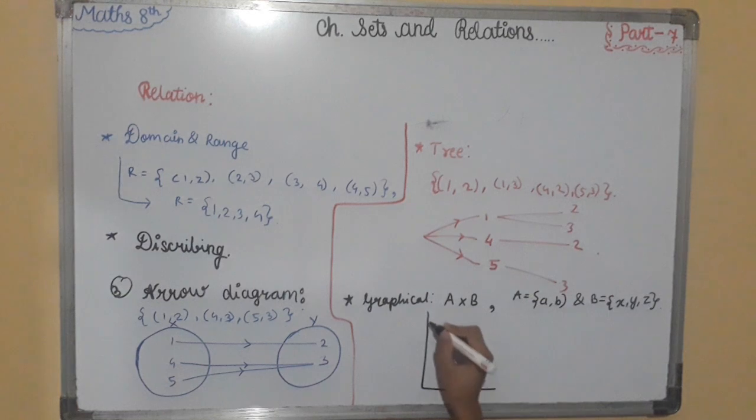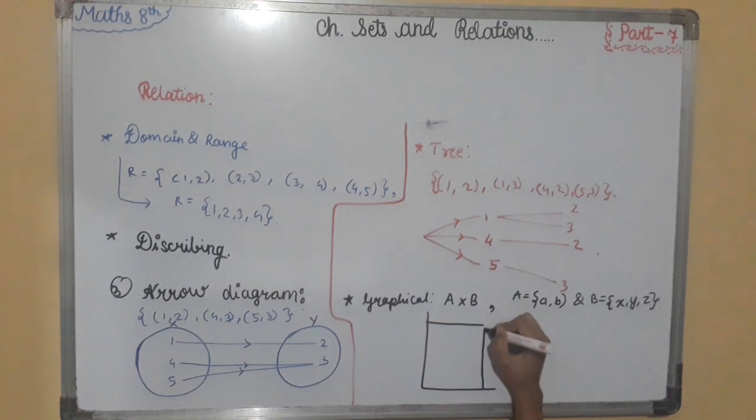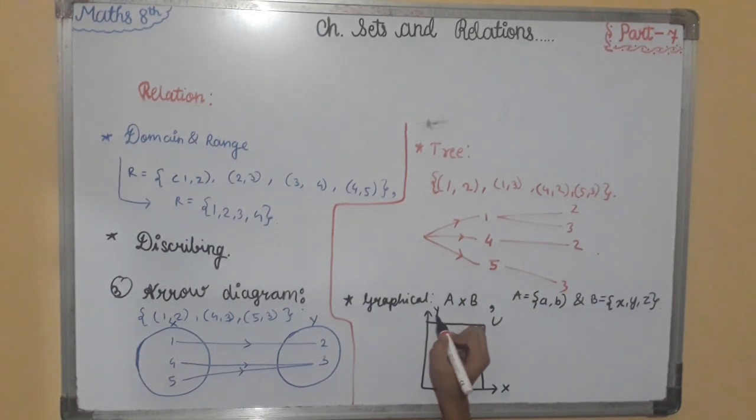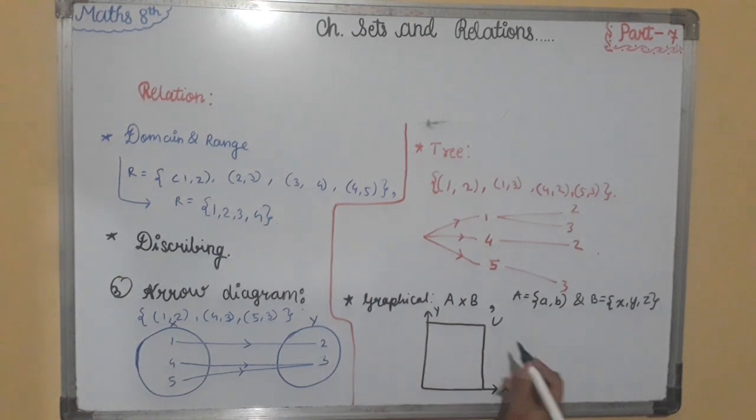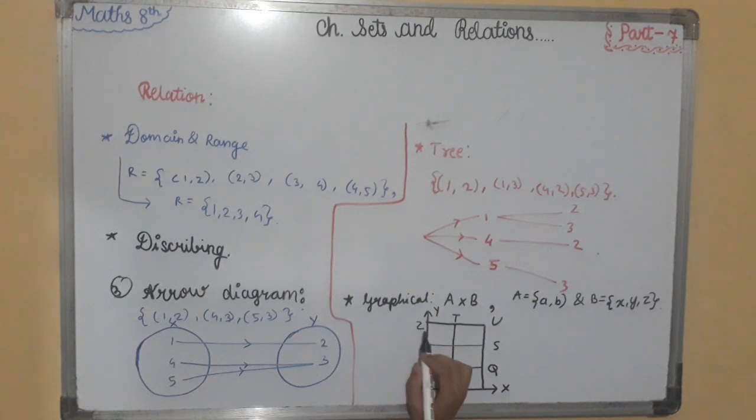Now the diagram is like this. This is x, this is y, this is z, and this point will be a, and this will be b.